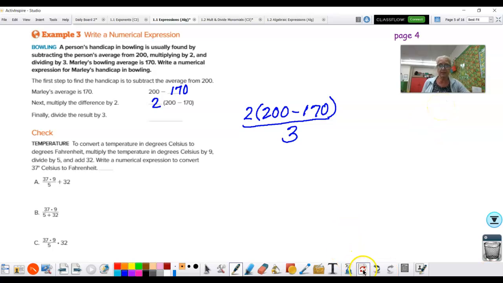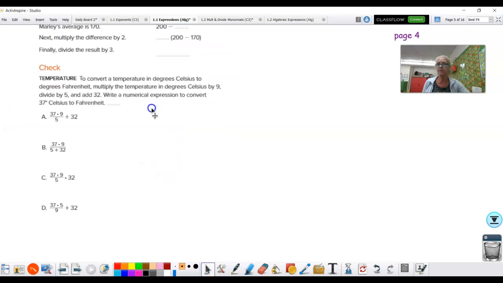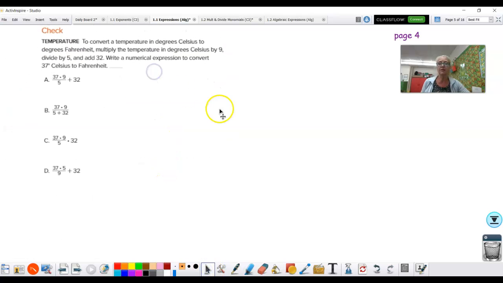So let's go down here to the check. To convert temperature in degrees Celsius to degrees Fahrenheit, you multiply the temperature in Celsius by 9, divide by 5, and add 32. Write a numerical expression to convert 37 Celsius to Fahrenheit.